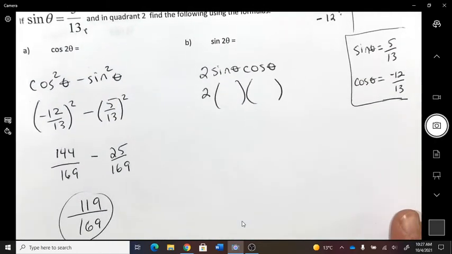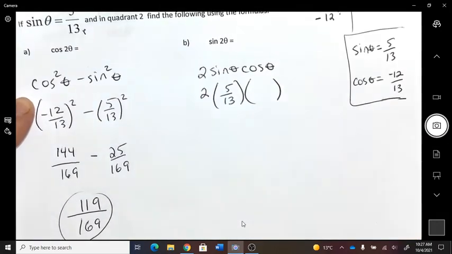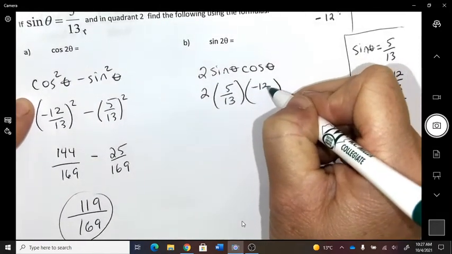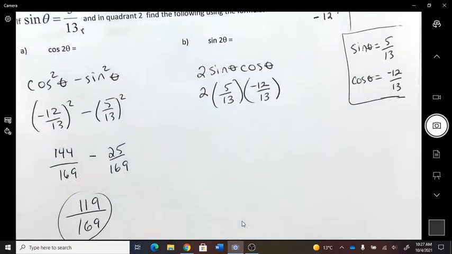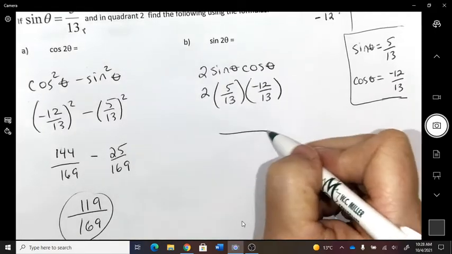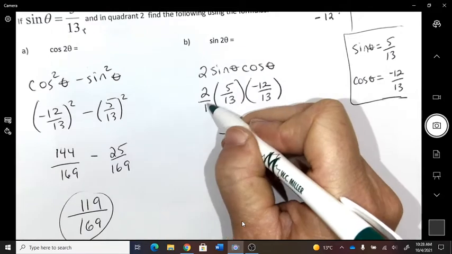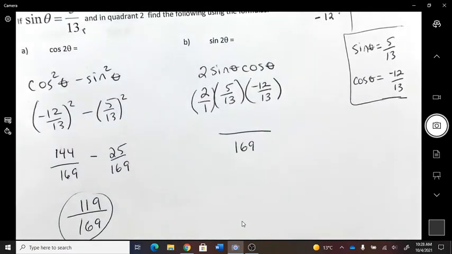So we have them all on the side here ready to go. So 5 over 13 and negative 12 over 13. If you like, you can put that over 1 if that helps you with following your multiplying through.